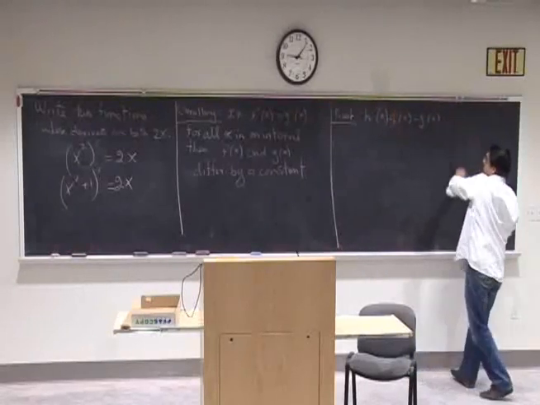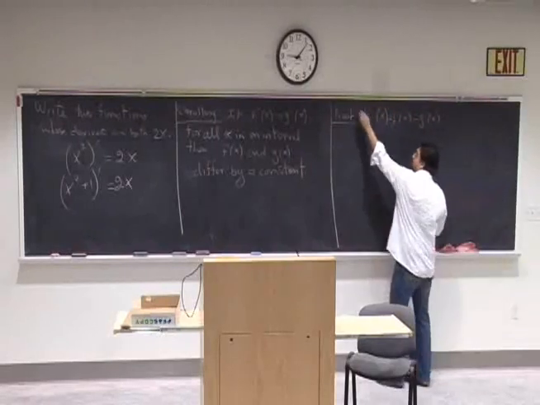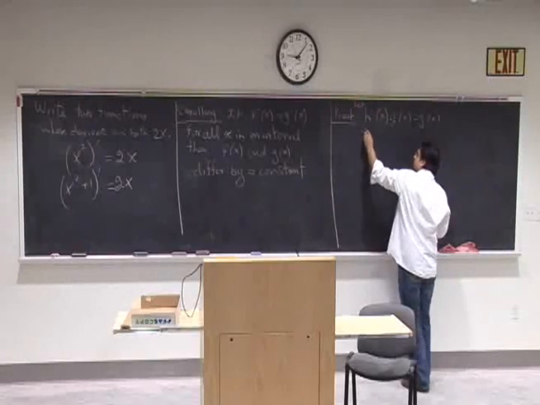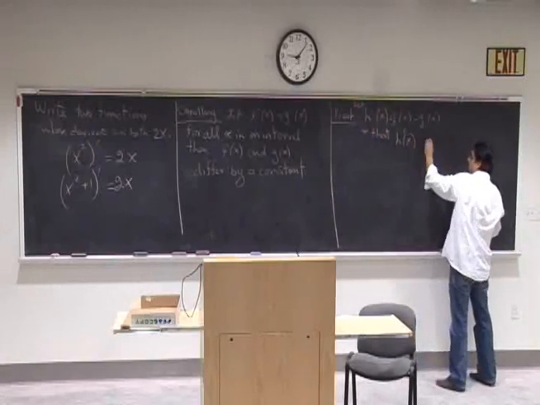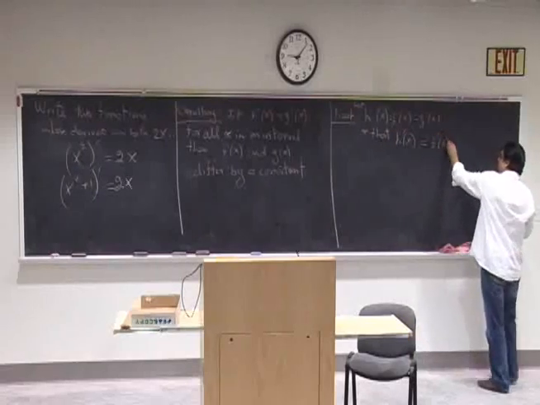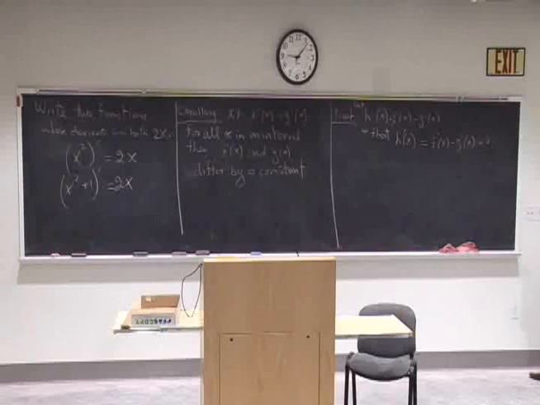This is a nice function to build. Let h be this, so that h prime of x, which is the difference in derivatives, is 0. Does that make sense?